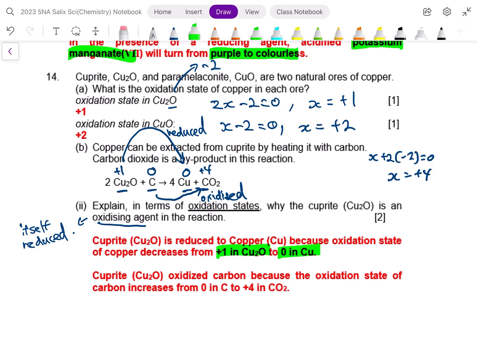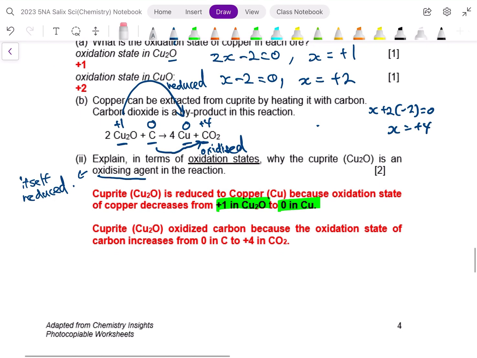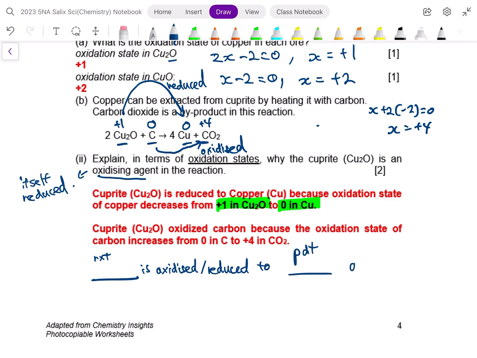Alright, so for this one you have to follow the template. Cu2O is reduced to Cu as the oxidation state drops. So always remember this template: which reactant is oxidized or reduced, to which product, as oxidation state changes, with the chemical symbol.